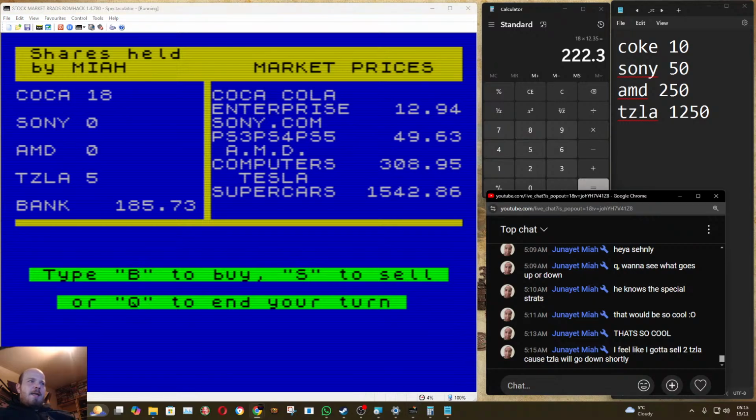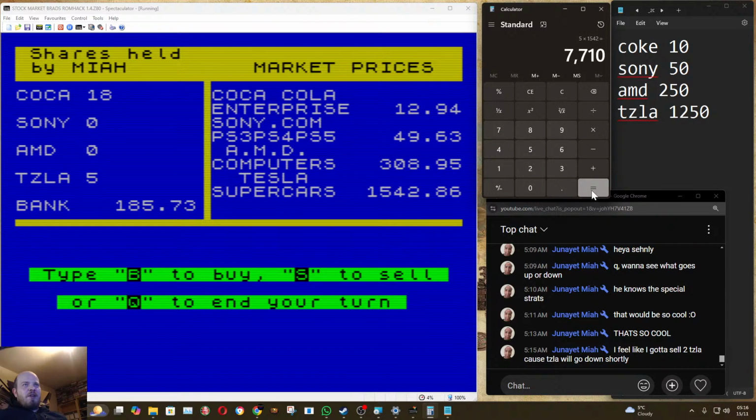Yeah, Tesla will go down, but it might go up before it goes down. You never know. But that's the thing with this game. If Tesla's worth 1,542, right?